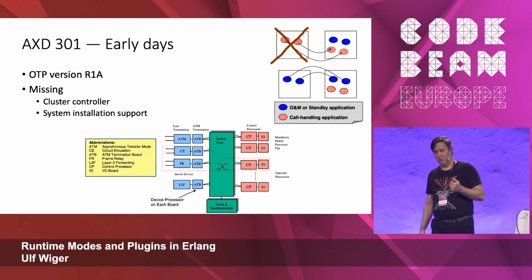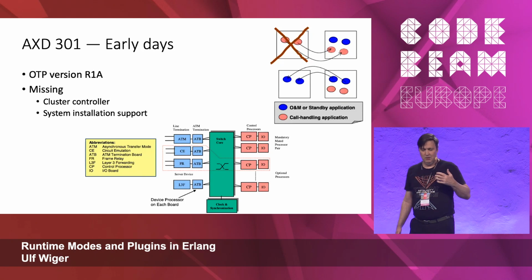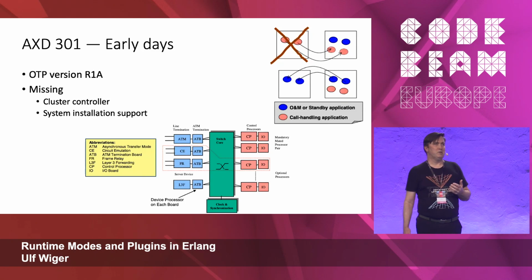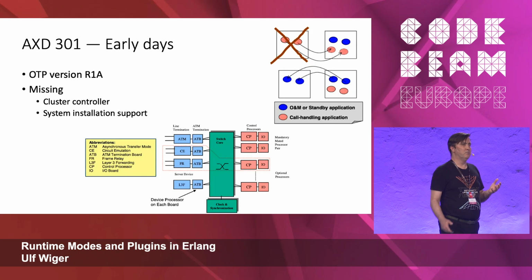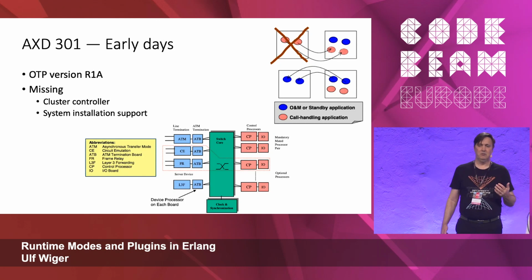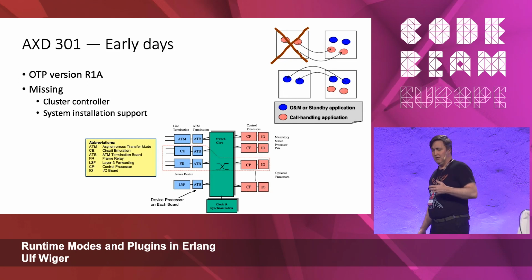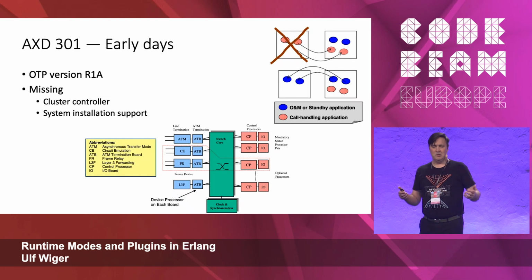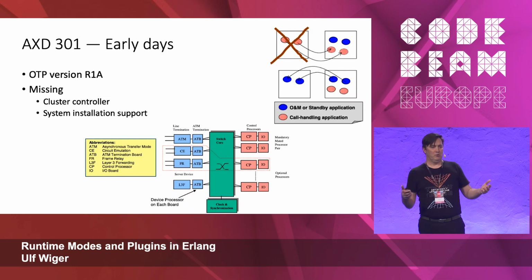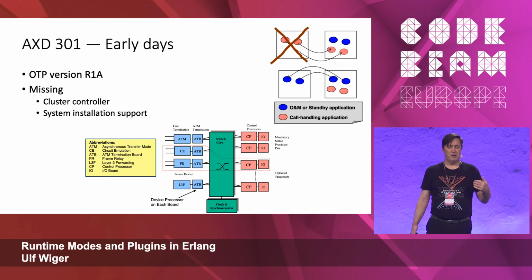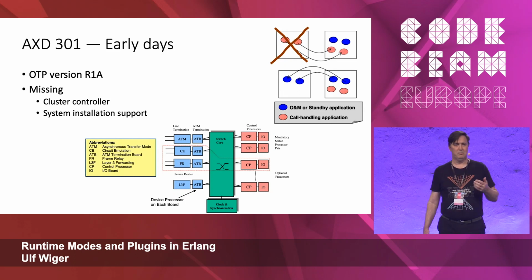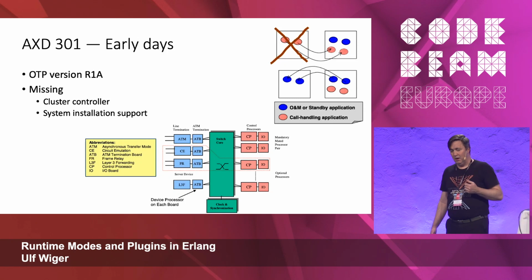But we were a little bit surprised when R1A came out, because we had planned on OTP including a cluster controller. Miscommunication between the teams. And as it goes in big projects, all our developers were already allocated. I was on system management, so I was basically the only free developer we had, so I had to implement a cluster controller.